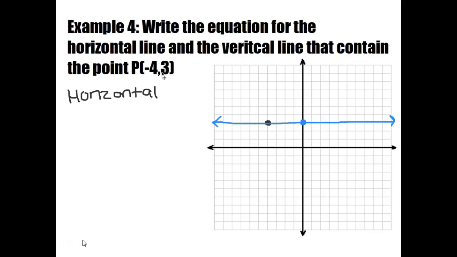The y-intercept is the point where the graph crosses the y-axis. What y value does it cross the y-axis? Abby? Yeah, it's at 3, right? So a horizontal line is y equals the y-intercept. The y-intercept, Abby just told us, is 3. So the equation of the line is y equals 3.